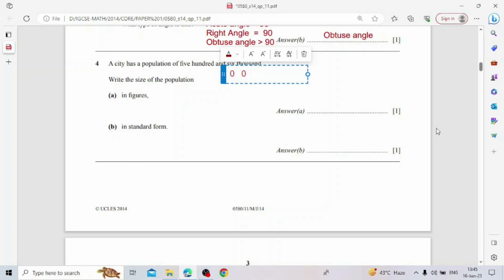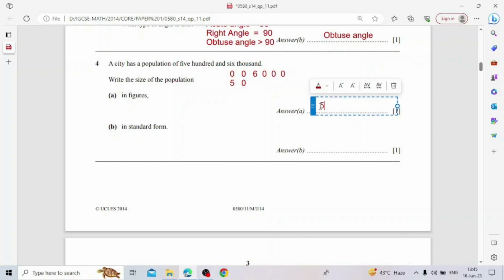Now 6,000 I will write here. Next, now add the 500. It starts from here, 5, 0. Now 500, 6,000. See, there is a 6,000 already. So this is 500 in the front. Now total, what is that number in figures? 506,000.